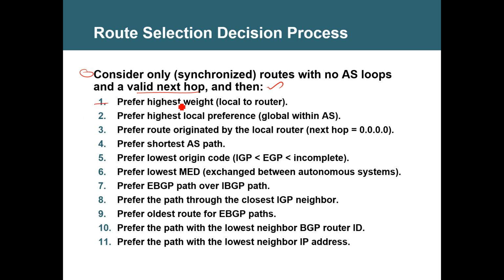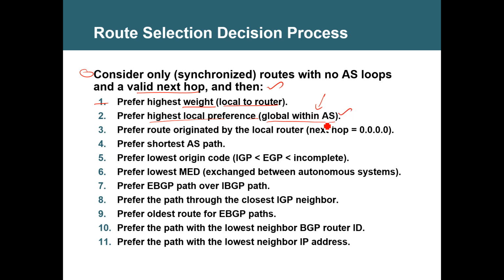First attribute is weight. Weight, higher is preferred, but it is local to the router. Local preference, higher is preferred. It is global to the autonomous system, not to the entire world, not to the internet. Just within the autonomous system it gets advertised.